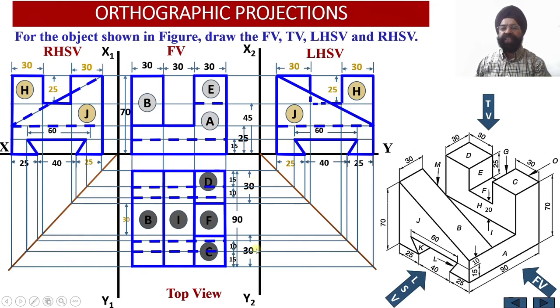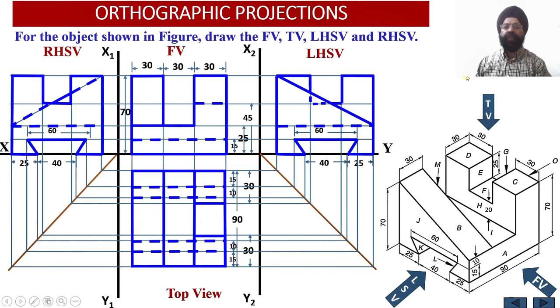Since these dimensions were mentioned over there in the depth view, that is in the top view, only repetition is lying in the right hand side as well as in the left hand side view. So these dimensions again we are going to remove, and finally we are going to remove these markings regarding the different faces of this particular solid which are visible to the observer from front, top and the side view, so that the better interrelationship between the isometric projections and the corresponding orthographic projections can be obtained.